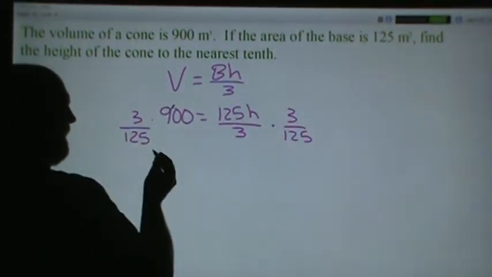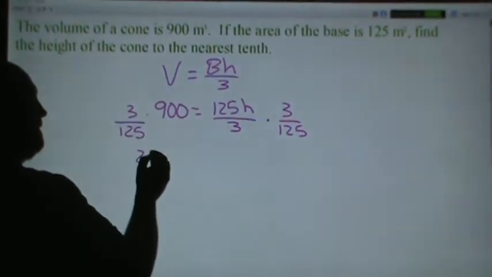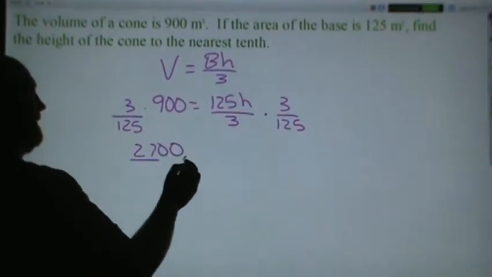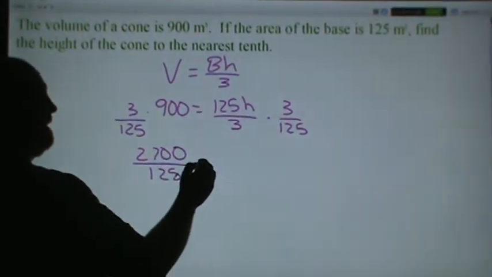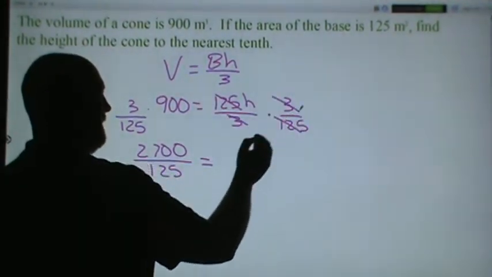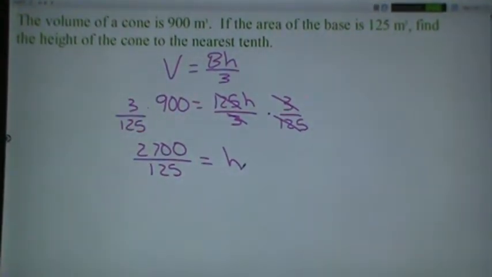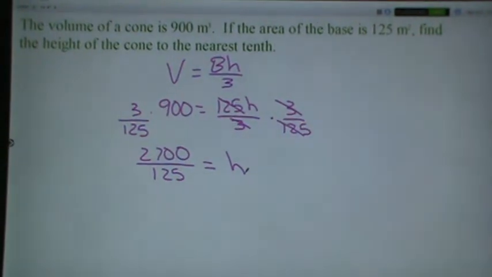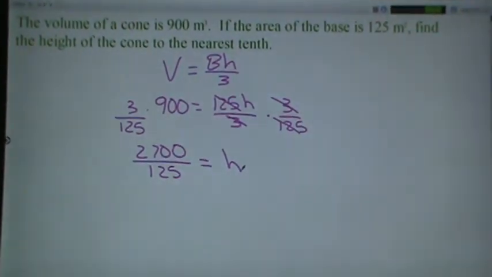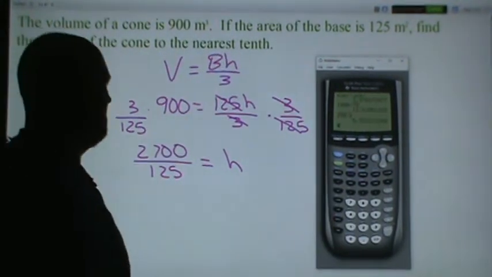I could do 3 times 900 and come up with 2,700 and divide that by 125. On this side, the 125's cancel, the 3's cancel, so I'm left with h. At this point, I'd probably put 2,700 divided by 125 into my calculator because I'm fairly certain that doesn't come out to be a whole number, especially if they ask me to round it to the nearest tenth.